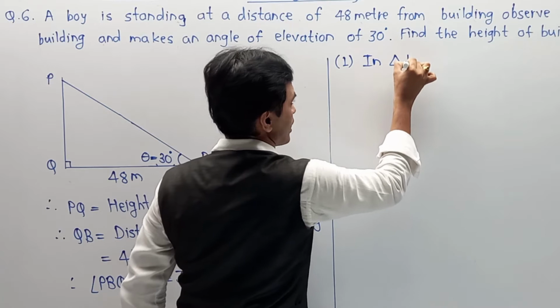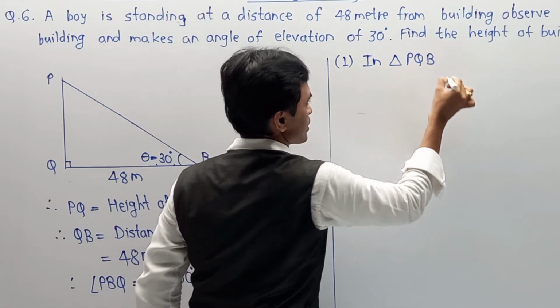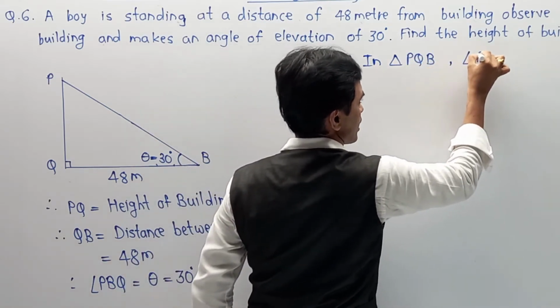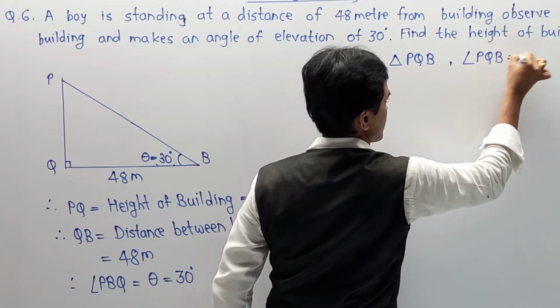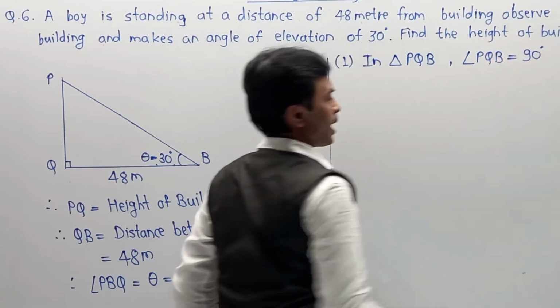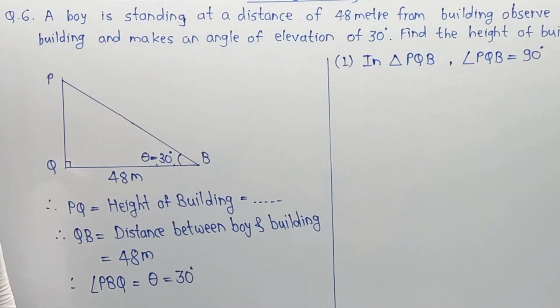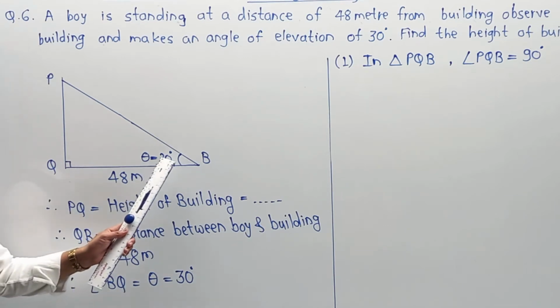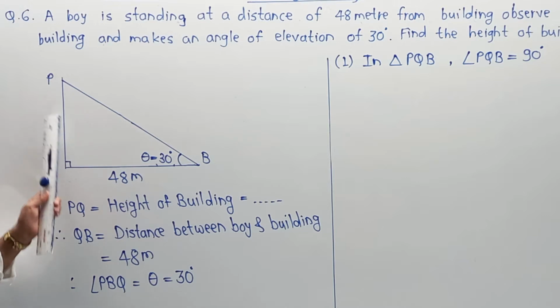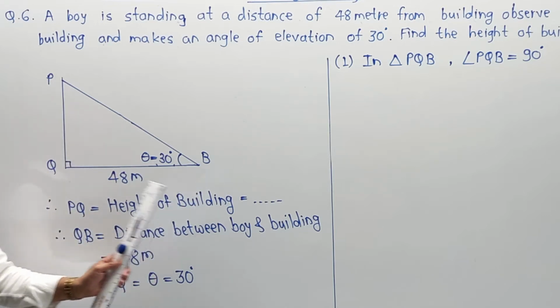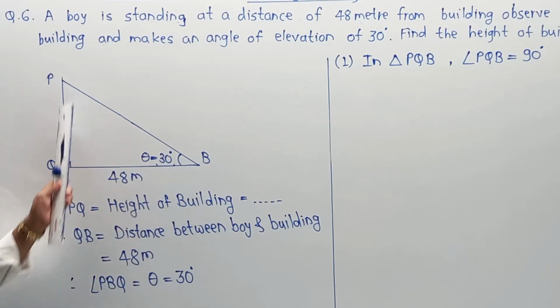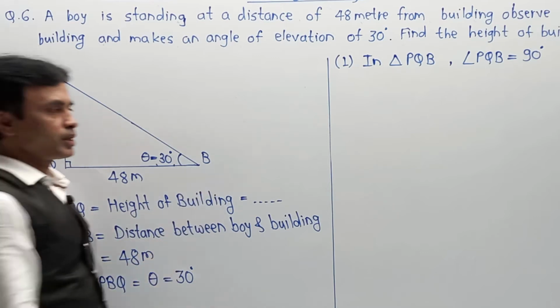In triangle PQB, angle PQB is equal to 90 degrees. As we have a 90 degree angle, we are free to use the properties of trigonometric ratios. And tan theta is equal to opposite side upon adjacent side, meaning tan theta is equal to PQ upon QB.